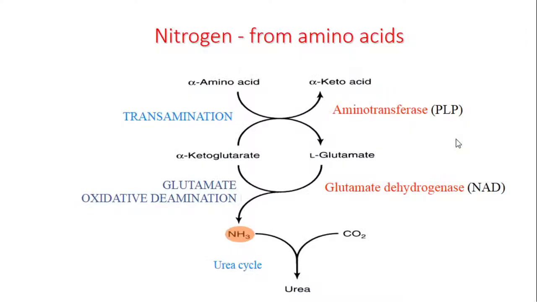Remind yourself how nitrogen usually comes and goes as free ammonia to our blood, to our body. Only 10% of amino acids can undergo direct deamination.